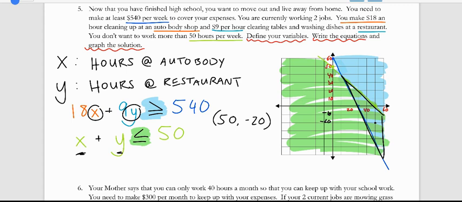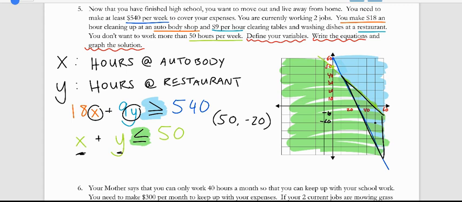Probably. That would make somewhat sense. Maybe 40, 50 hours. But can someone work negative 20 hours? Can someone work negative 20 hours at work? No, that's not a possible thing. That's not a thing that someone can do. Someone can't work negative 20 hours.